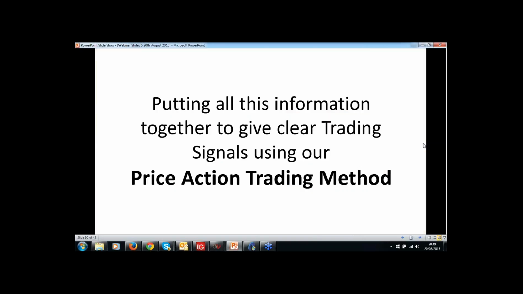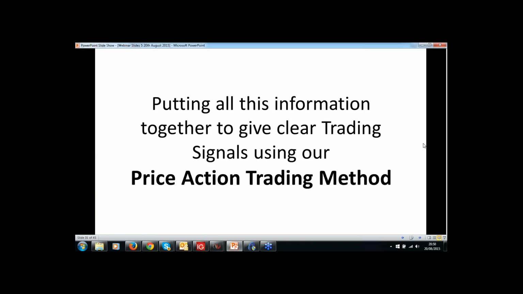Now, what's important is putting all this information together to give clear trading signals using our price action trading method. What I mean by all of this is you've now seen the indicator and we've talked about price action. And we've also talked, very, very quickly, admittedly, this evening, about the three feelings that a lot of traders make.